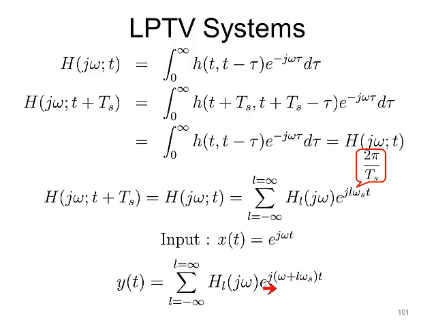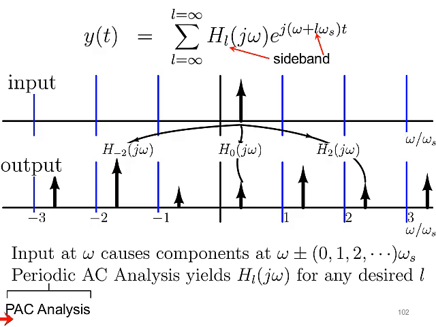In other words, what this is telling you is that unlike in a time invariant system where an input at omega results only in an output at omega, in a periodically time varying system, an input at a frequency omega results in output frequency components not only at omega, but at frequencies of the form omega plus integral multiples of the sampling rate.